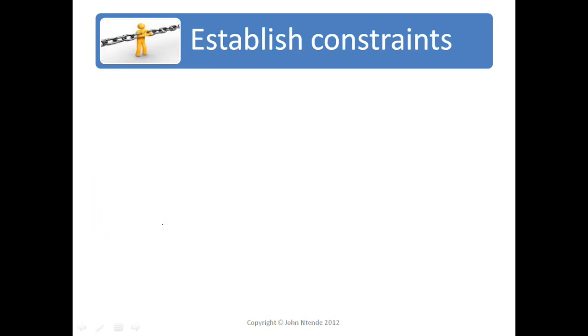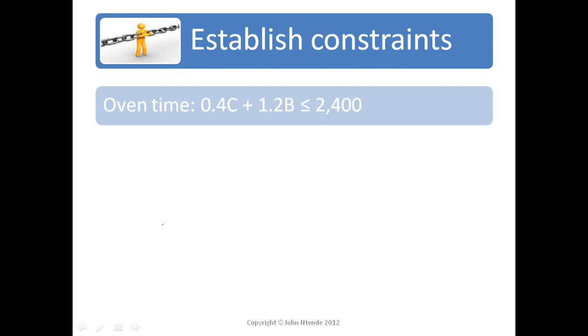The next step is to establish the constraints. Now there were 4 constraints. One was oven time. Now oven time was limited to 2,400. Each unit of cake took 0.4 hours and each unit of B took 1.2 hours.